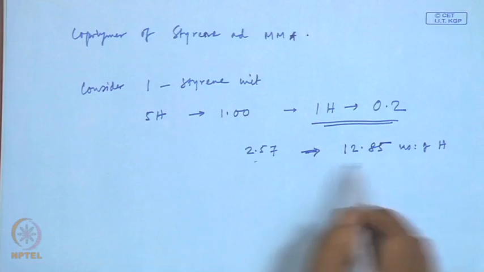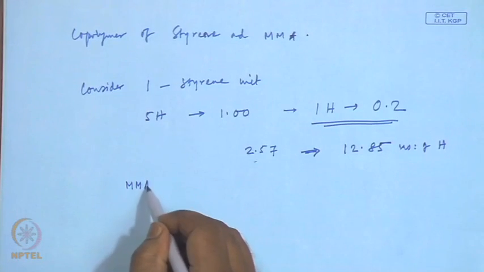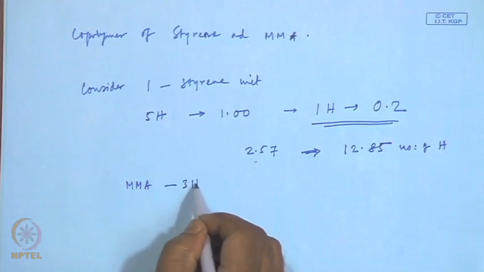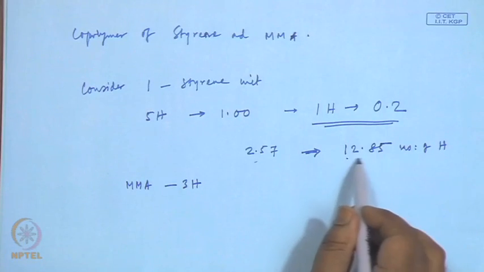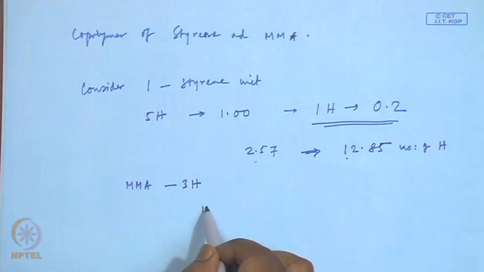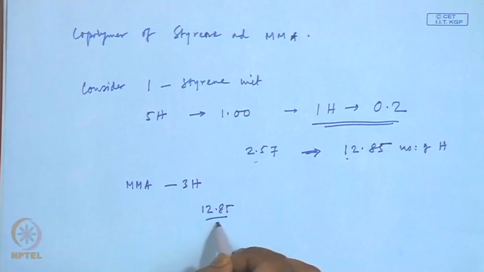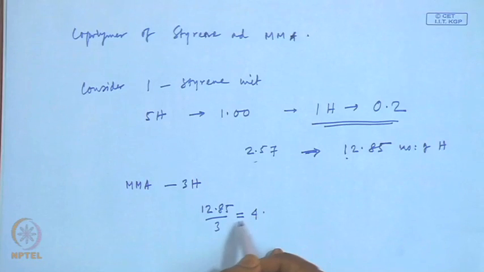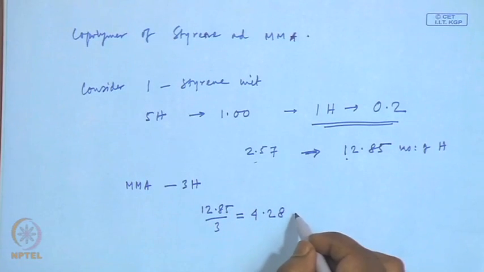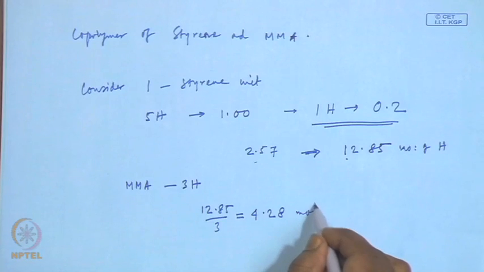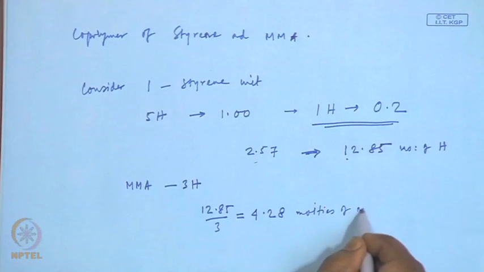Now, each MMA moiety will have 3 hydrogens. So, how many MMA moieties? If you divide 12.85 by 3, which is around 4.28 moieties of MMA.